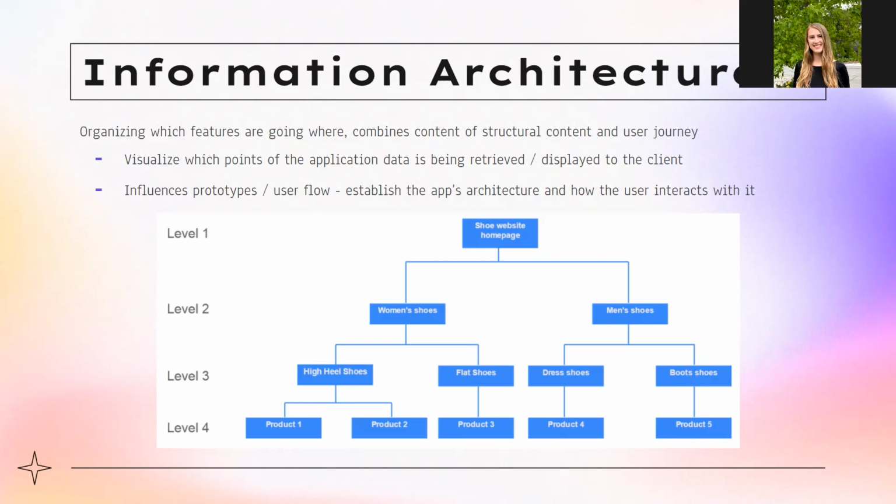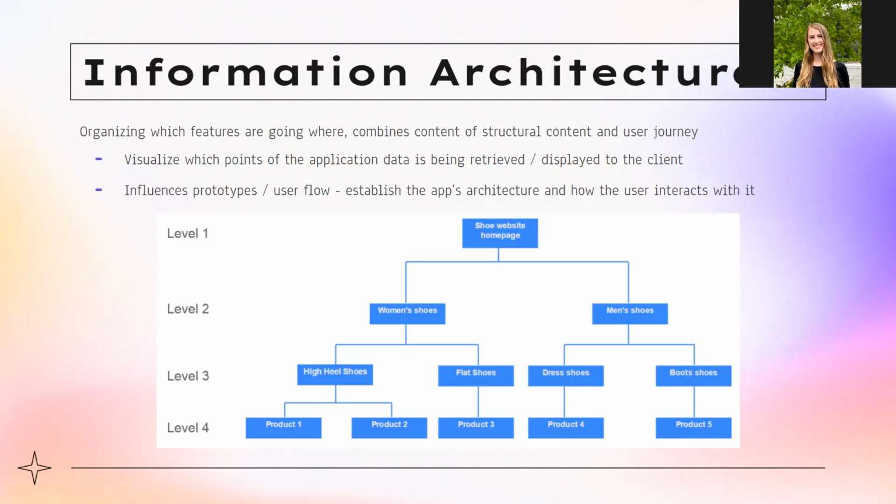Having a solid understanding of the information architecture also really helps with the prototypes and establishing how the user interacts with the web app and the data that it holds. This really cements the user journey, and again, the architecture of how things are stored. So yeah, that's really helpful.